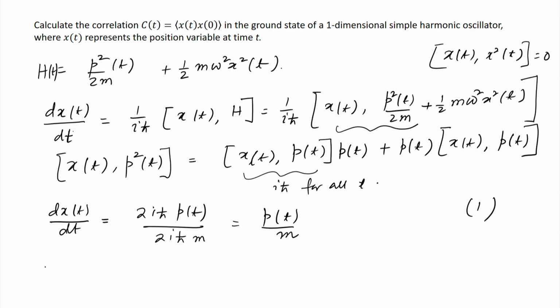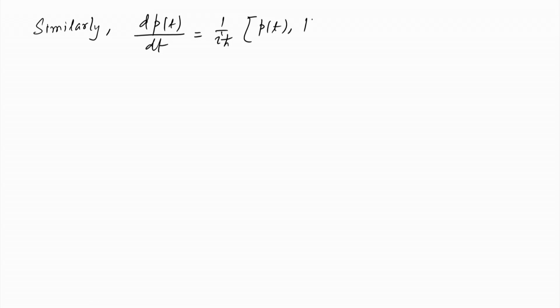So, similarly, dp(t)/dt is equal to 1 over iħ times the commutator of p(t) and H. Again, H contains both p and x.